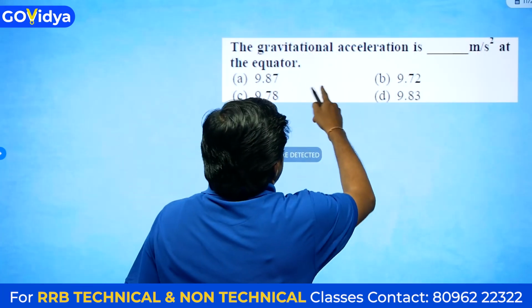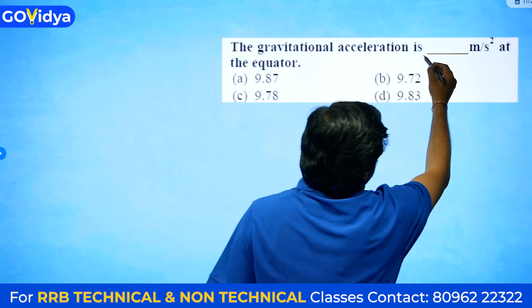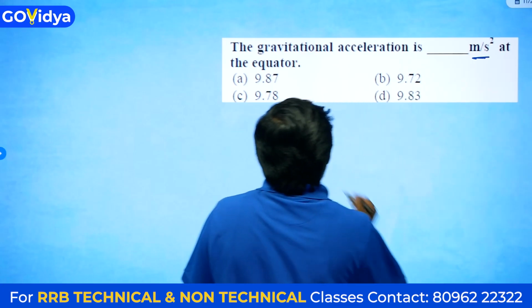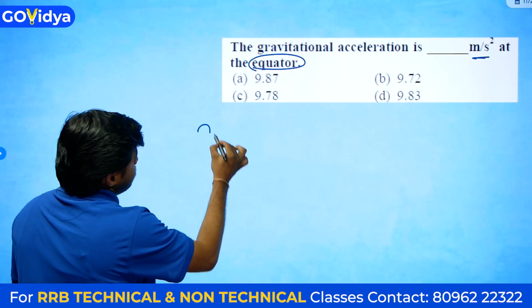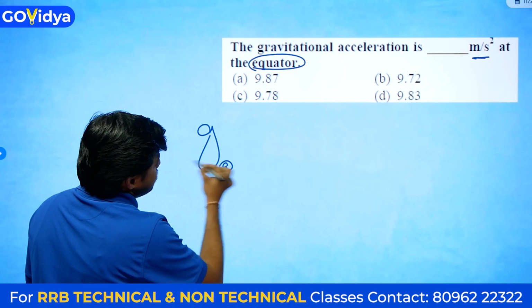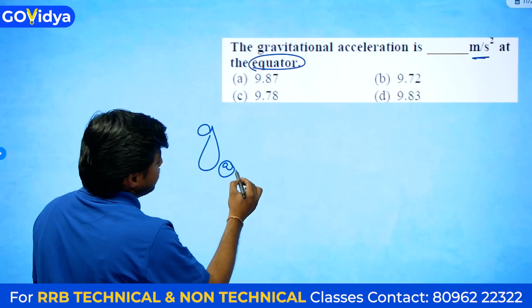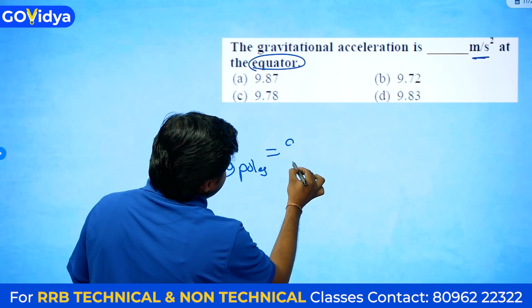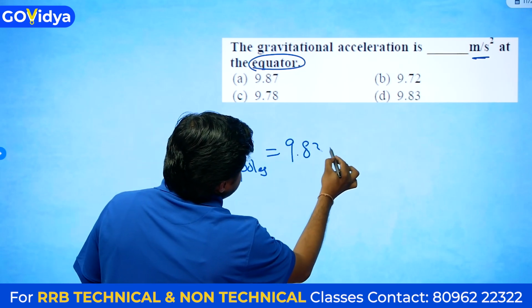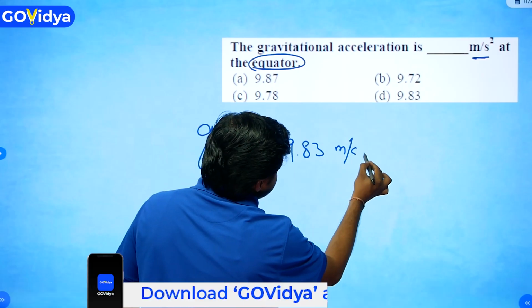The gravitational acceleration is dash meter per second square at equator, okay. At equator, acceleration due to gravity at poles is equal to 9.83 meter per second square, okay.